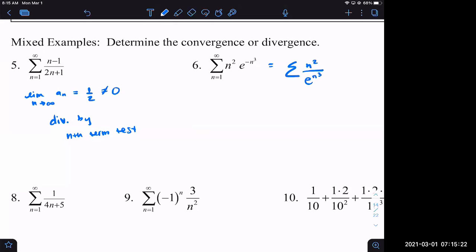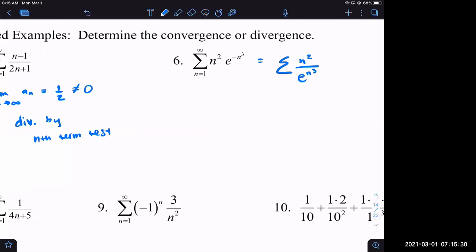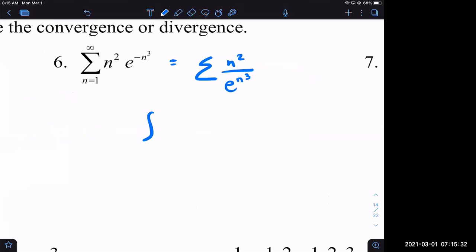You guys see how we could do the integral? It looks pretty terrible, but I see the numerator as being like the u sub of the denominator, that inside piece. So I'm going to use integral test. So I'm going to integrate x squared over e to the x cubed from 1 to infinity, or I'd be taking the limit as b goes to infinity.